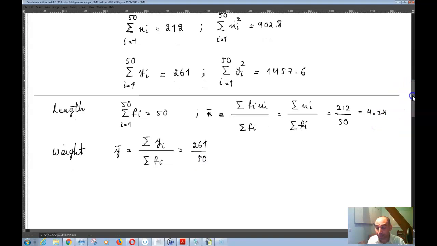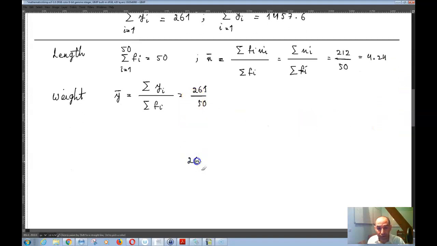Now 261 divided by 50 is 25, and that's 100, well, that's 130.5. That's 130.5, and 130.5 divided by 25 is basically 5 times 5 is equal to 25, 2, 10, 12, 125.